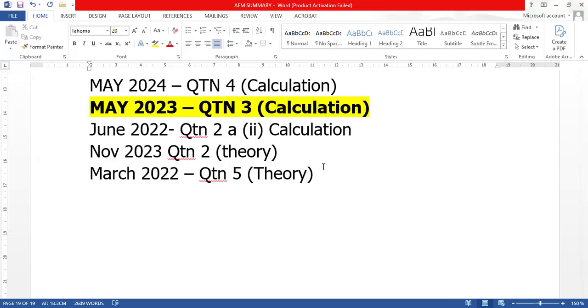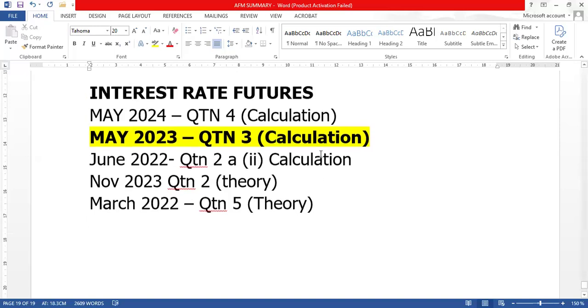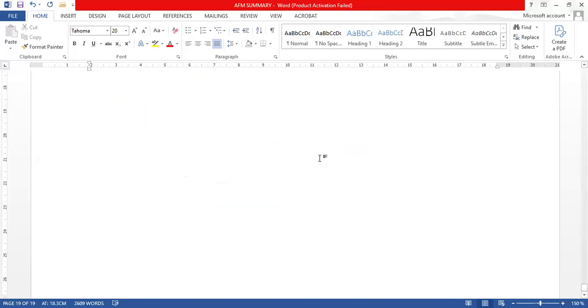Okay, so this interest rate futures. What is it all about?